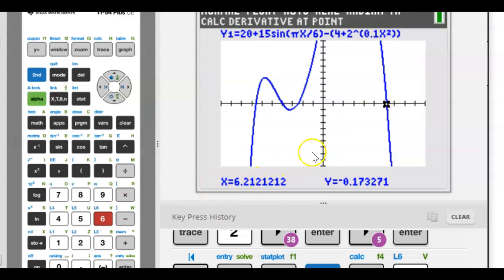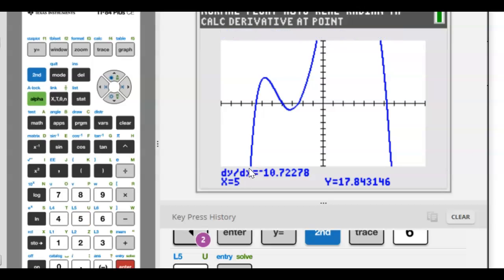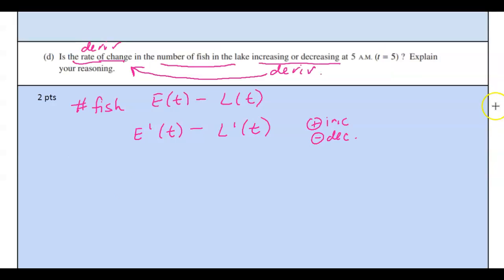And I don't need to move my cursor. I can just go down here, and on your calculator, it might be easier. I can just type in 5, and you really can just hit a 5 and it'll come up, and hit enter. And it tells you the y value. We want to know the derivative value. So negative 10.7228, remember.